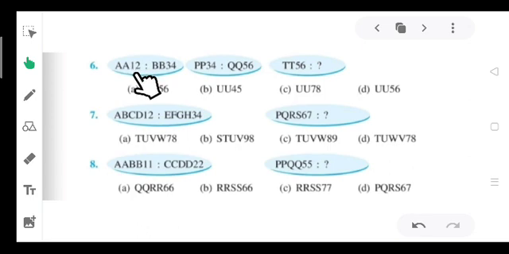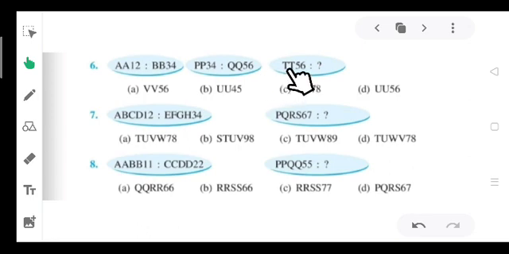If odd is given, then we are writing odd. If even is given, we are writing the next even number. So same here, P next letter Q. 3 is an odd number, next odd number 5. 4 is the even number, next even number is 6.